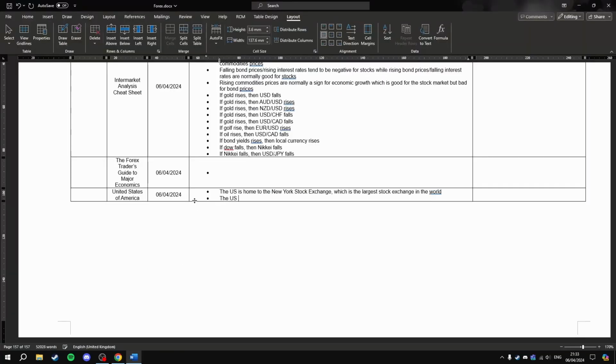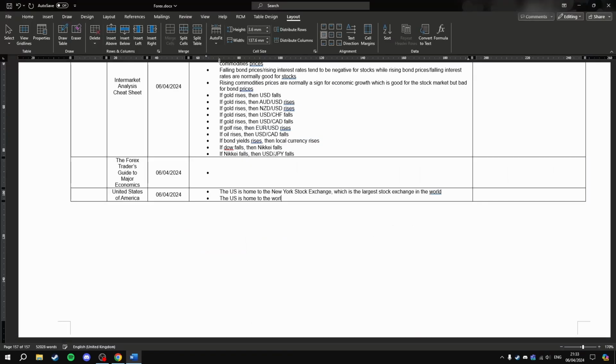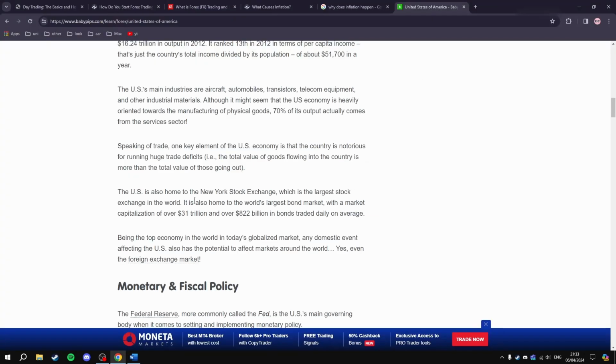The US is home to the world's largest bond market.